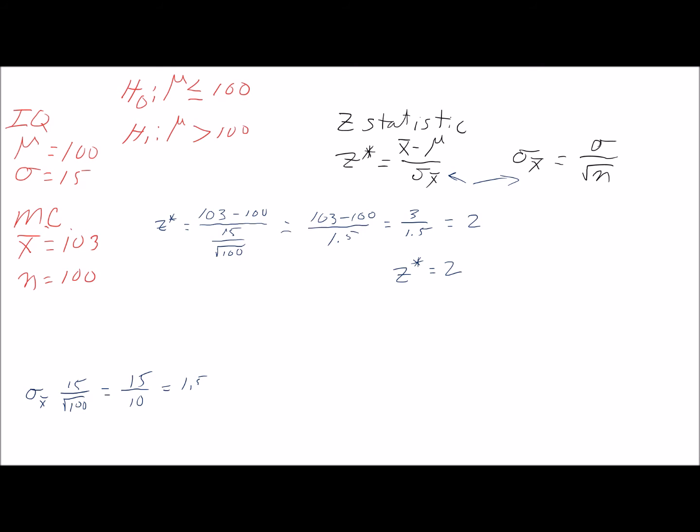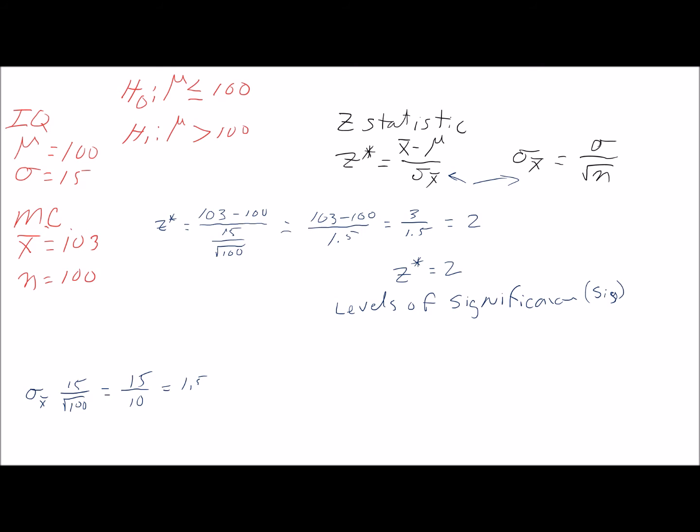Now with z-statistics and trying to establish significance, we typically use two different what we call levels of significance. So I'll put that here, levels of significance. A lot of times you'll see that abbreviated sig. That's a G. There's two that are typically used.